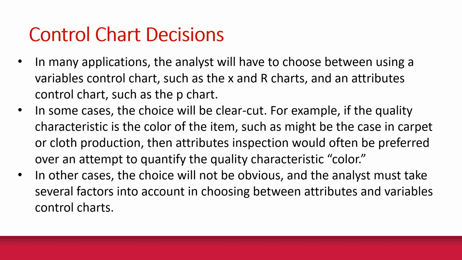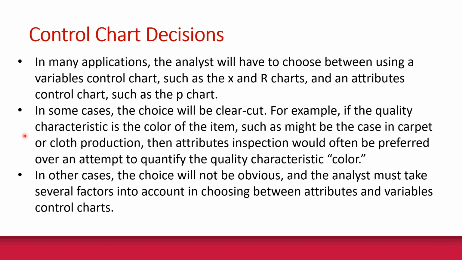In many applications, the analyst will have to choose between using a variables control chart, such as the X and R charts, and an attributes control chart, such as the P chart. In some cases, the choice will be clear-cut. For example, if the quality characteristic is the color of an item, such as might be the case in carpet or cloth production, then an attributes control chart would often be preferred over an attempt to quantify the quality characteristic color.